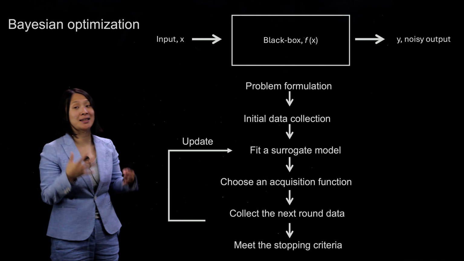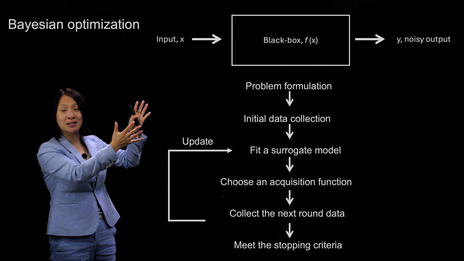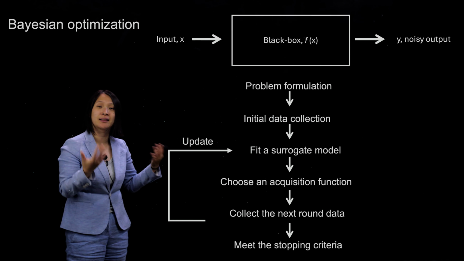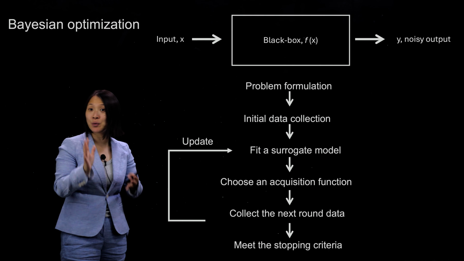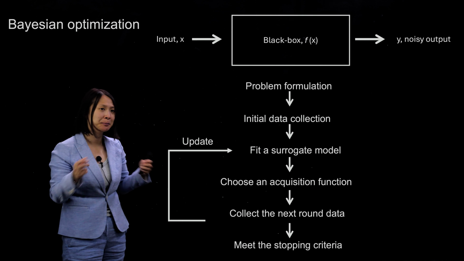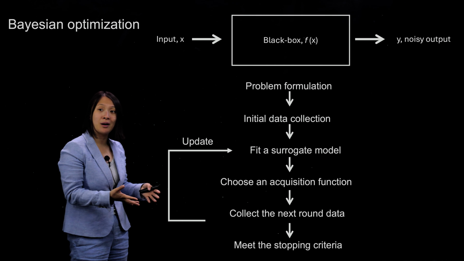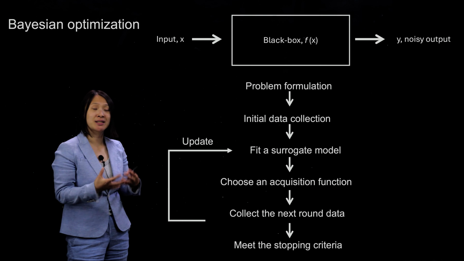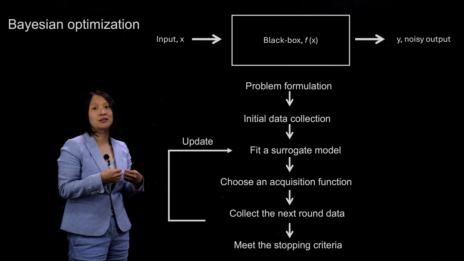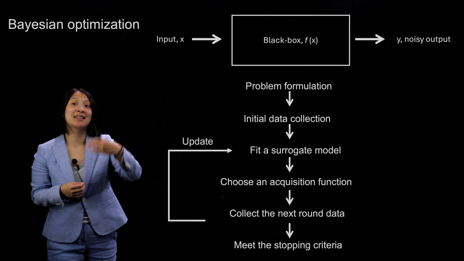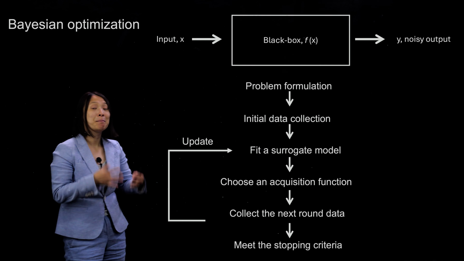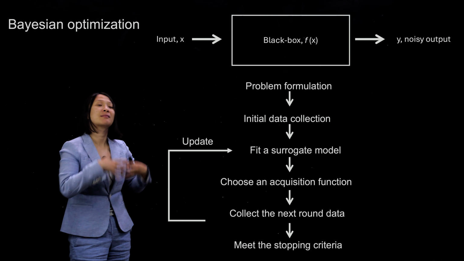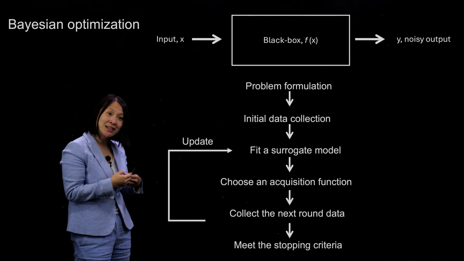Because the true function at this stage is a black box function, we are trying to fit and trying to understand what is the input and output relationship. And that will be followed by choosing an acquisition function. In a way, the acquisition function is a rule to help us select the next round experiment based on our surrogate model. From here, we can select our next round experiment.